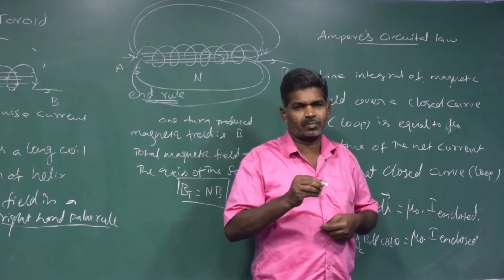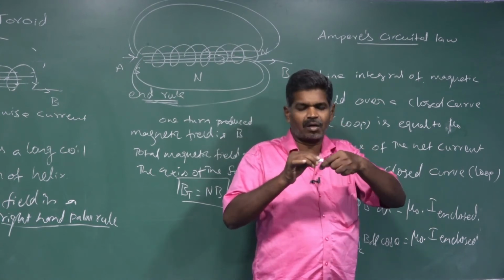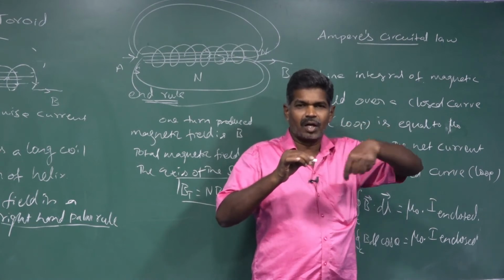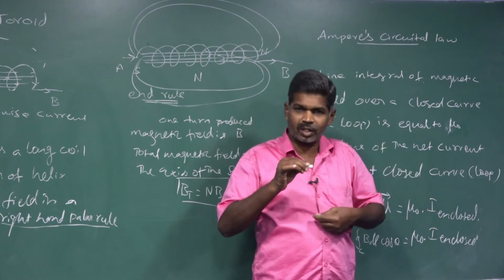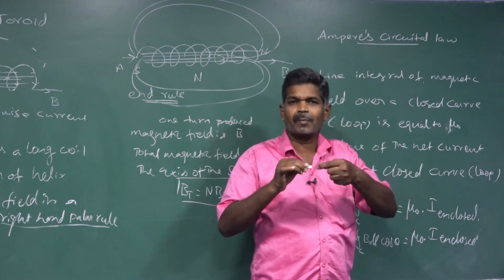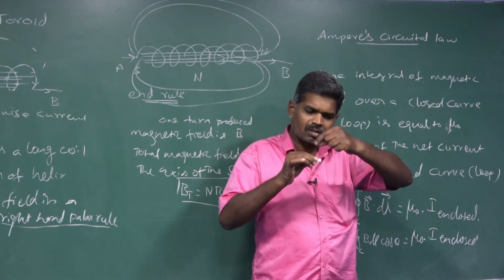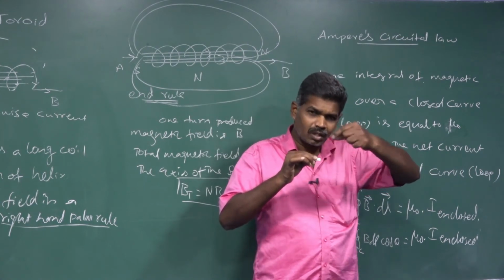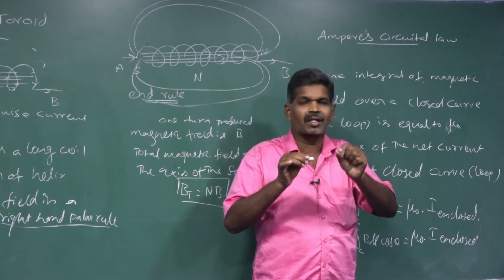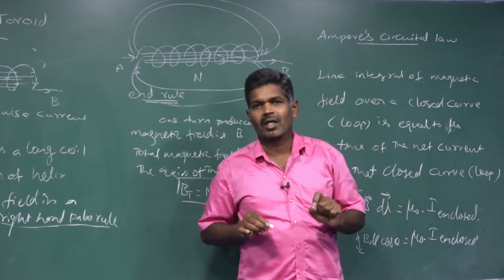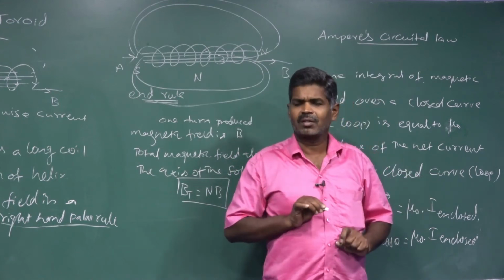If you take wood, that is a non-magnetic material. On that non-magnetic material, we wind the coil very closely. That is called an ideal solenoid: a solenoid having turns very closely wound, and its length is too large as compared to either the diameter or radius.